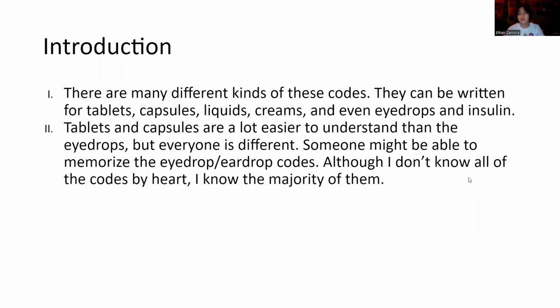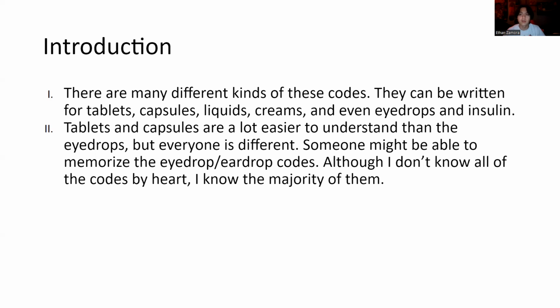Okay, so there are a ton of different kinds of codes here. You can have a code for taking a tablet, taking a capsule, taking liquids, creams, eye drops, and insulin as well. They're very hard to read sometimes. Like for eye drops, it specifies left eye, right eye, or both eyes. I get very confused with those, and insulins as well.